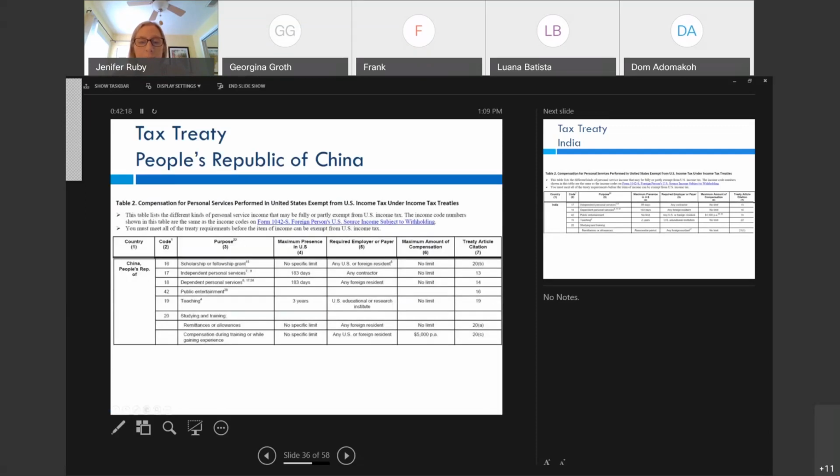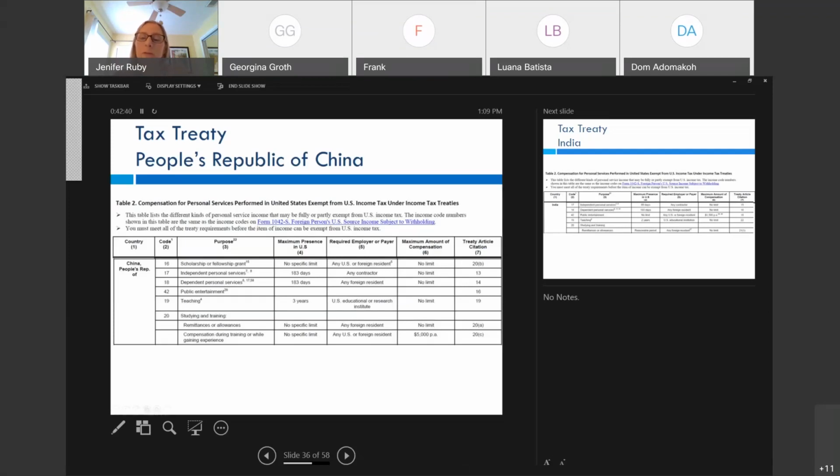For any foreign resident, the maximum amount of compensation would be $5,000. What that means is that the first $5,000 of your earnings are going to be waived and reduce your taxable income.